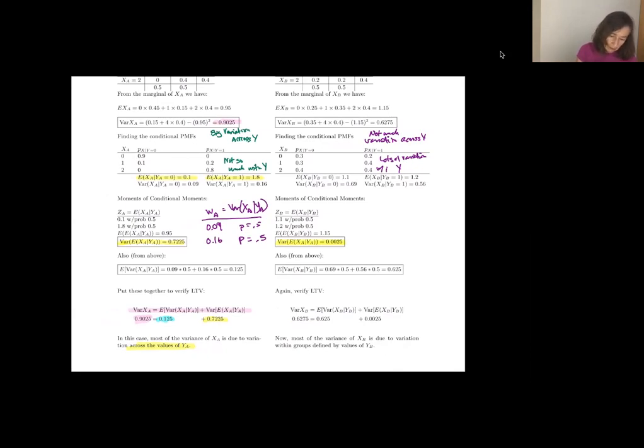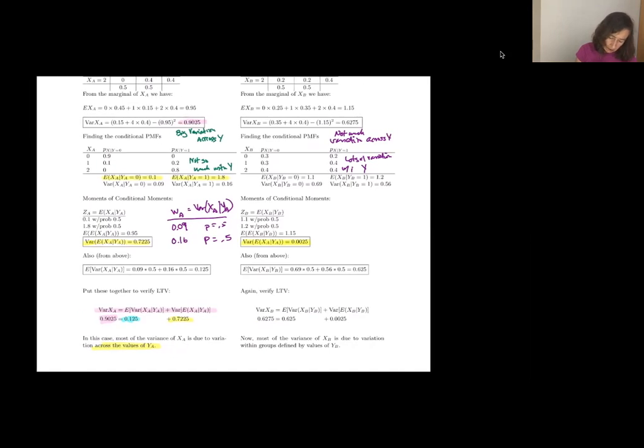And when we calculate the variance within groups of y, the expected value of the variance within the groups, that's a pretty big number. This is telling us that most of the variance is within the groups defined by y. And again, that's what we see here: there's a lot of variance within the columns, relatively even probabilities assigned to the different values, and not a lot of variation across the columns.